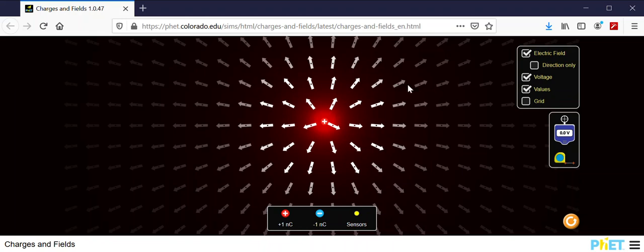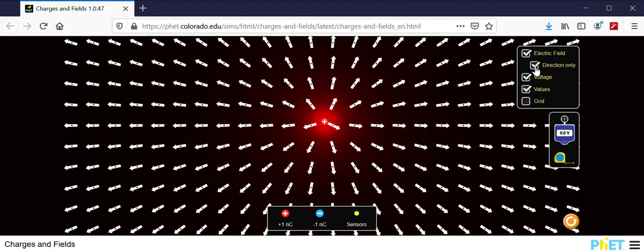Or you can remove that convention of brightness and darkness to show the size of the electric field by checking this direction only option, so whichever way you want.